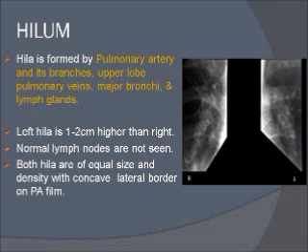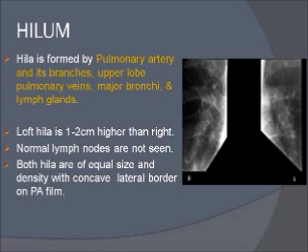And there are criteria to say whether the hilum is enlarged or abnormal. Ideally, both hila should have equal size and density, and the lateral margin of the hilum should be concave. If one hilum is enlarged or its outer margin is convex, then we say this is an enlarged hilum.